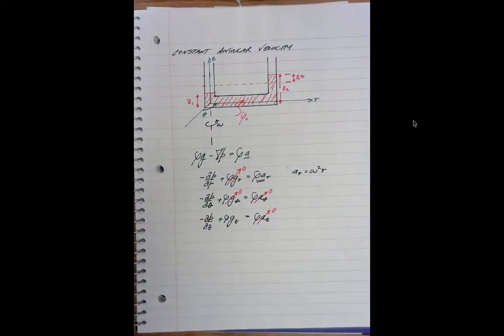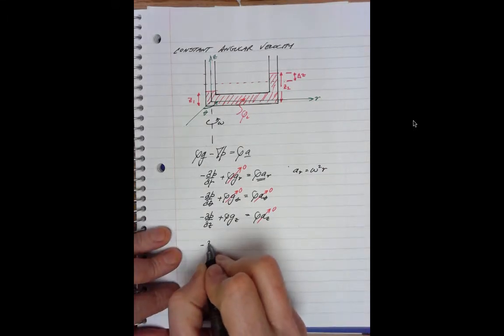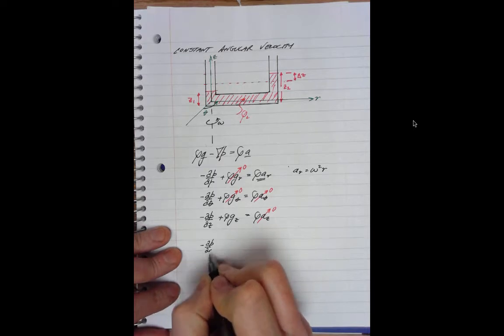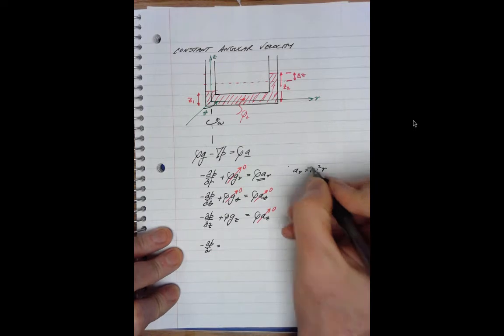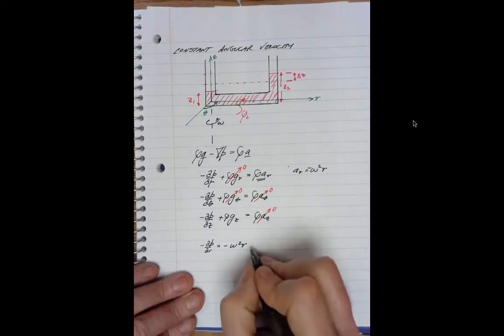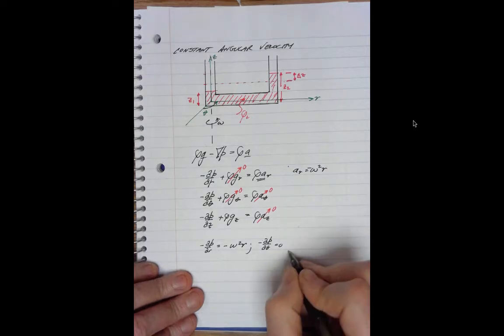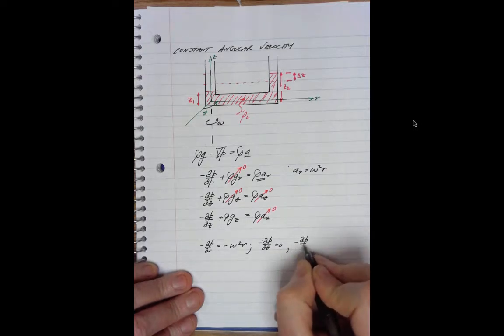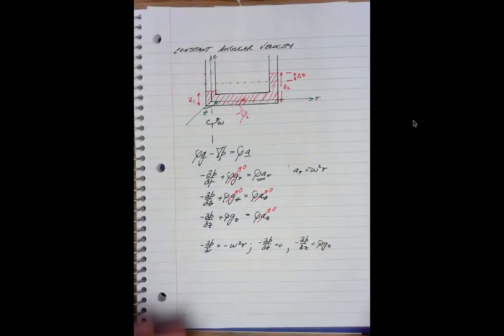You had that back in mechanics. So with that knowledge, here's what we have left. We have minus dp dr equals minus rho omega squared r, minus dp d theta equals 0, and minus dp dz equals rho g sub z.